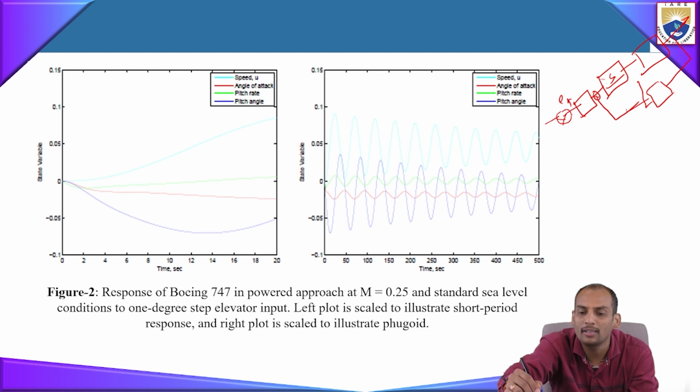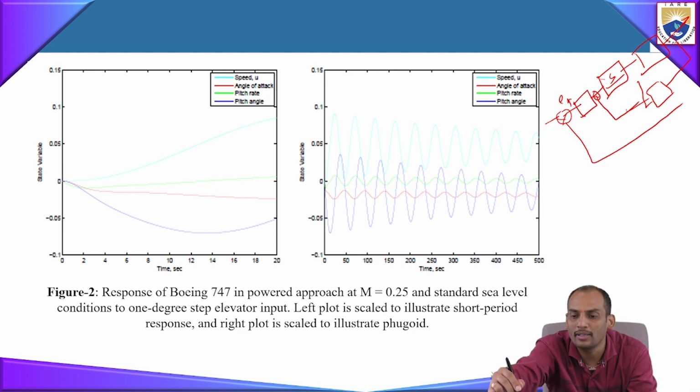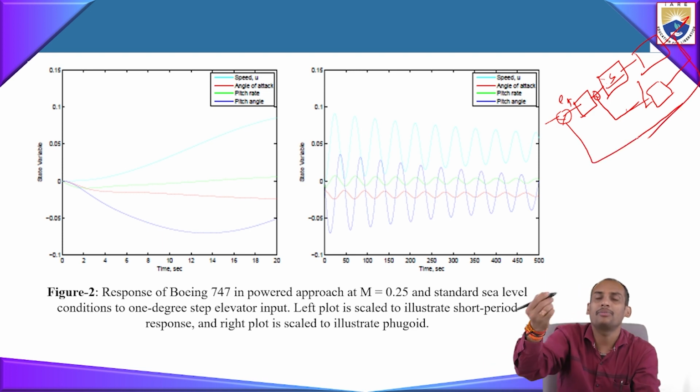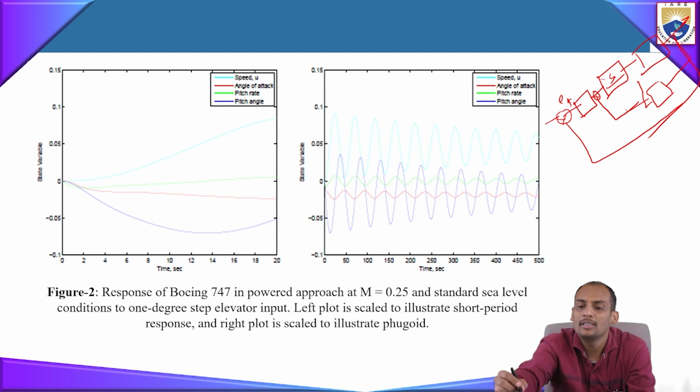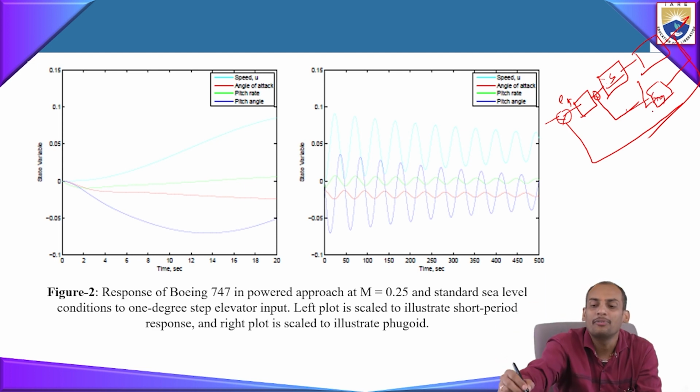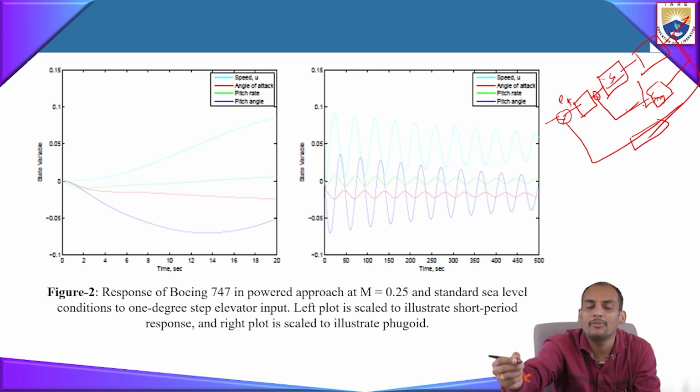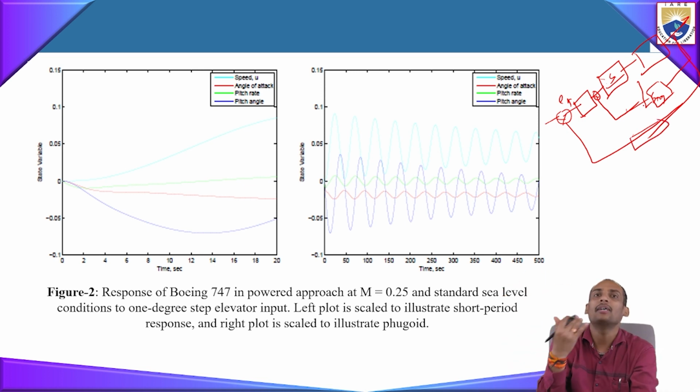Another feedback will be given to the entire feedback. This is the block diagram we used for pitch orientation and acceleration orientation. For acceleration, one accelerometer will be there, and it will give the feedback to the summer.